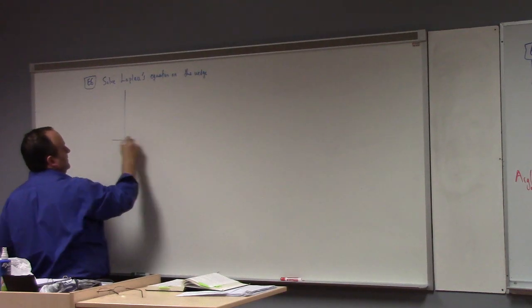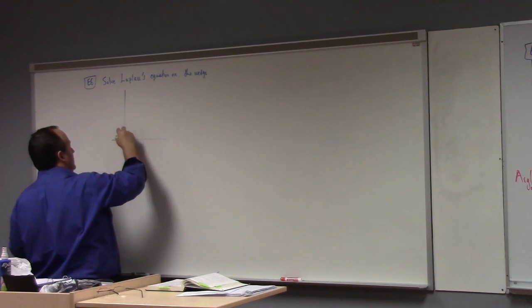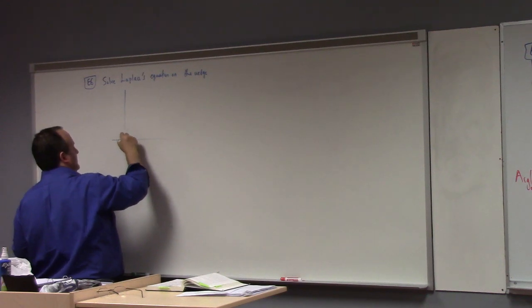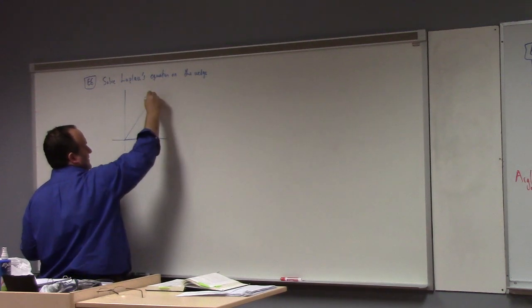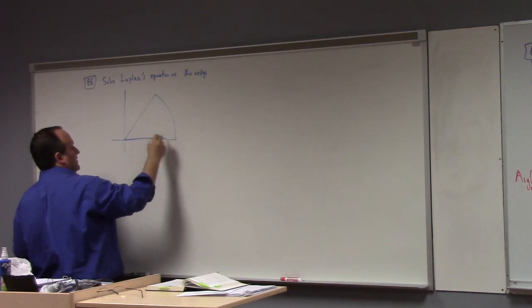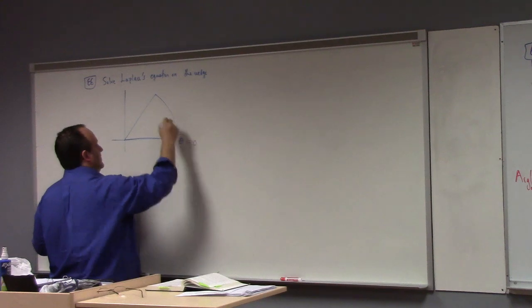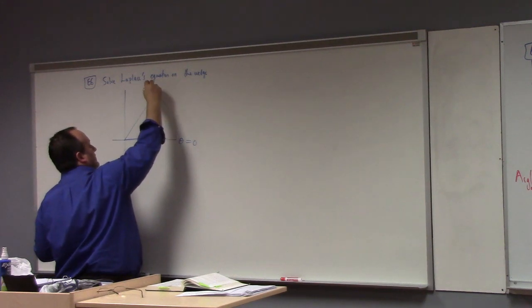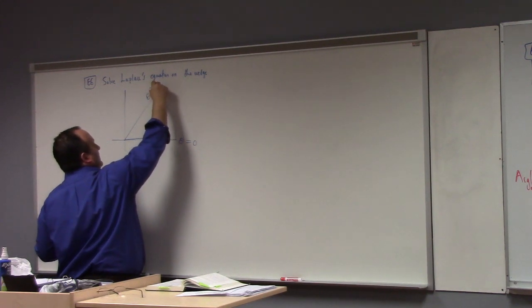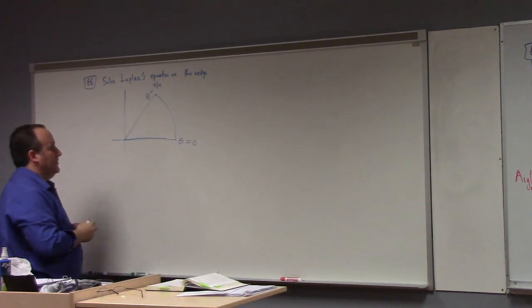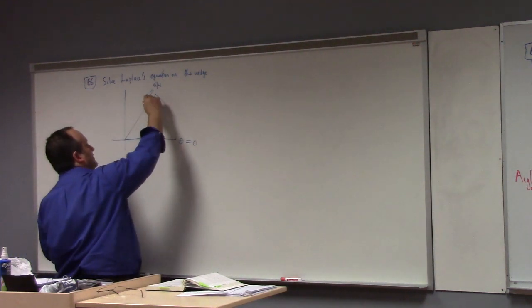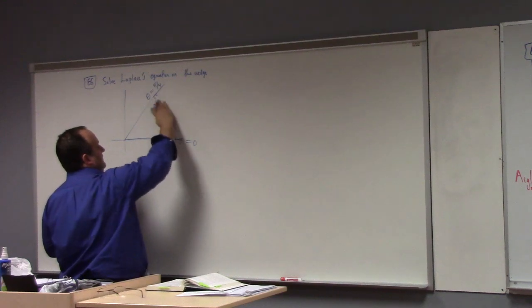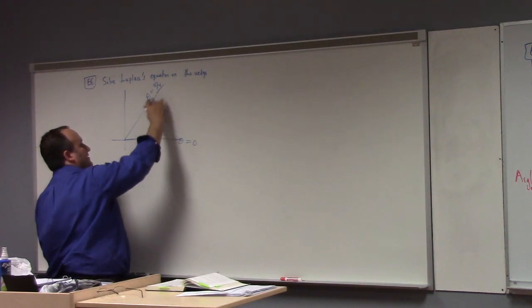Let's see here. How about this one? All right, like this wedge here. So it goes on and on. We got theta equals 0 down here, and we got standard angle pi over 4 up here, all right? And this goes on and on, okay? So it's like an infinite pie. It's a sector, right? It just goes on and on.